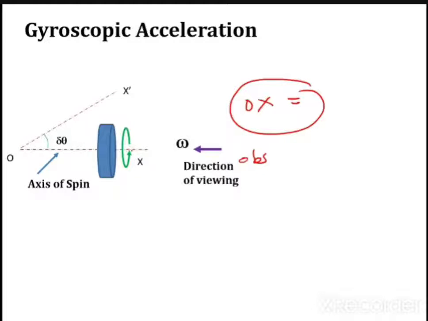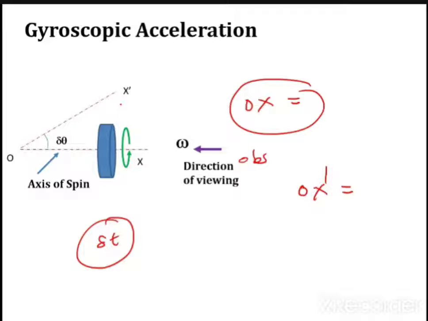Now, after some time, let us say that time is delta t, your disk is spinning about the new axis of rotation, OX dash. Now you will ask how this happened. Let us understand that afterwards, how this axis OX turned into the new axis OX dash.